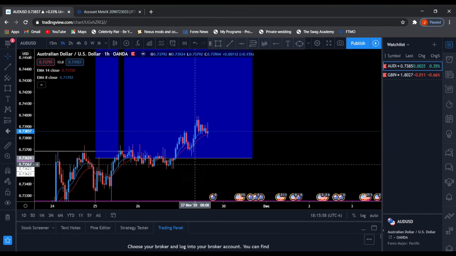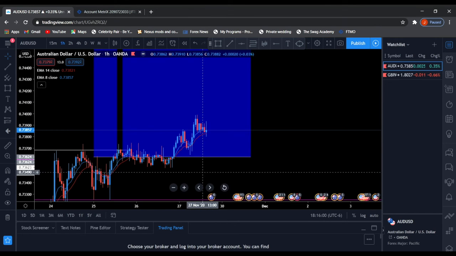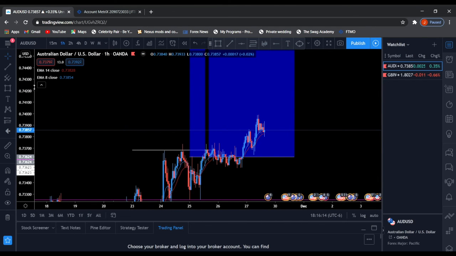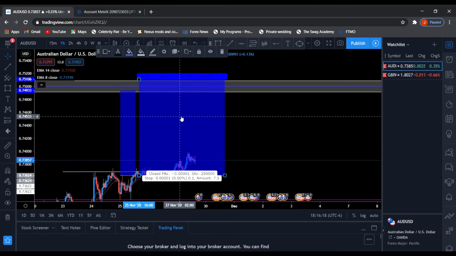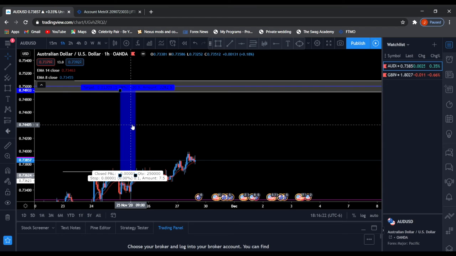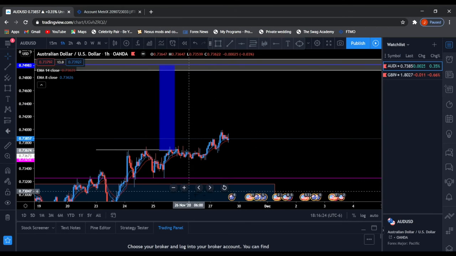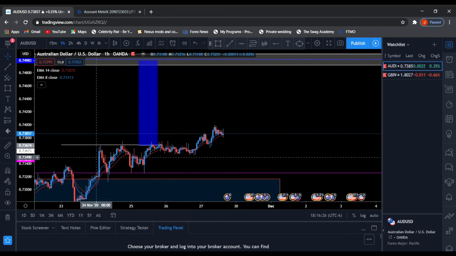I only closed my trades with about 20 pips each, and I used a 1 lot too, so it wasn't that much, but it was decent to add along with my GBP AUD trades. So yeah, those were my entries and confluences.